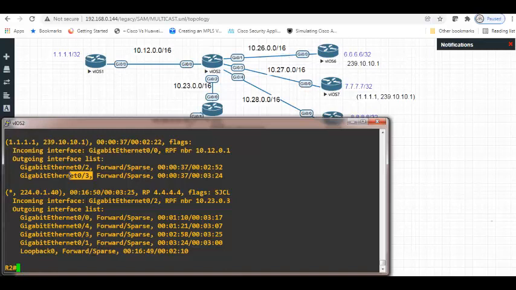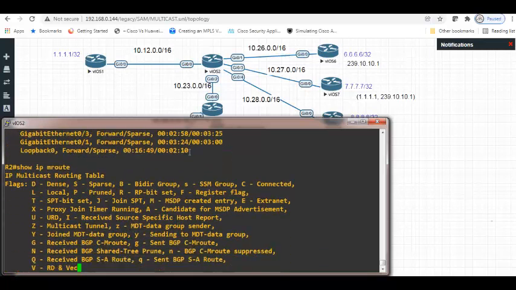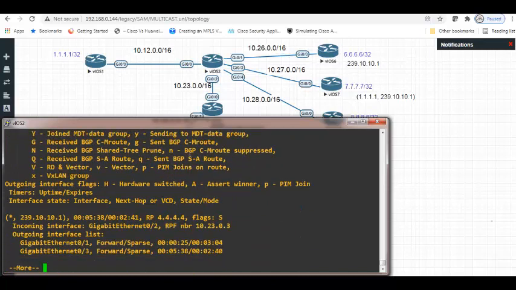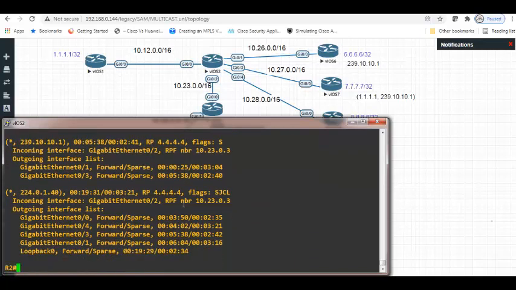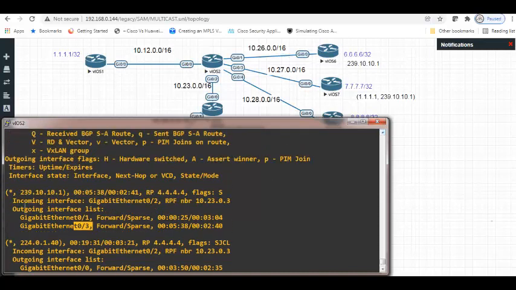Sorry, I'm not able to hear you. Louder, please. G01. Yeah, G01. Let's see that. G01 and G03. Right, what happened is it has got refreshed.